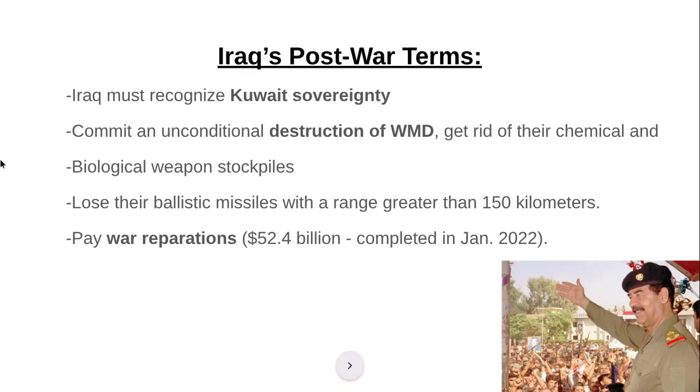Some of these conditions were that Iraq must recognize Kuwait's sovereignty, destroy their weapons of mass destruction, get rid of their chemical and biological weapons stockpiles, lose their ballistic missiles with a range over 150 kilometers, and pay war reparations. The final payment for this was completed in January of 2022.